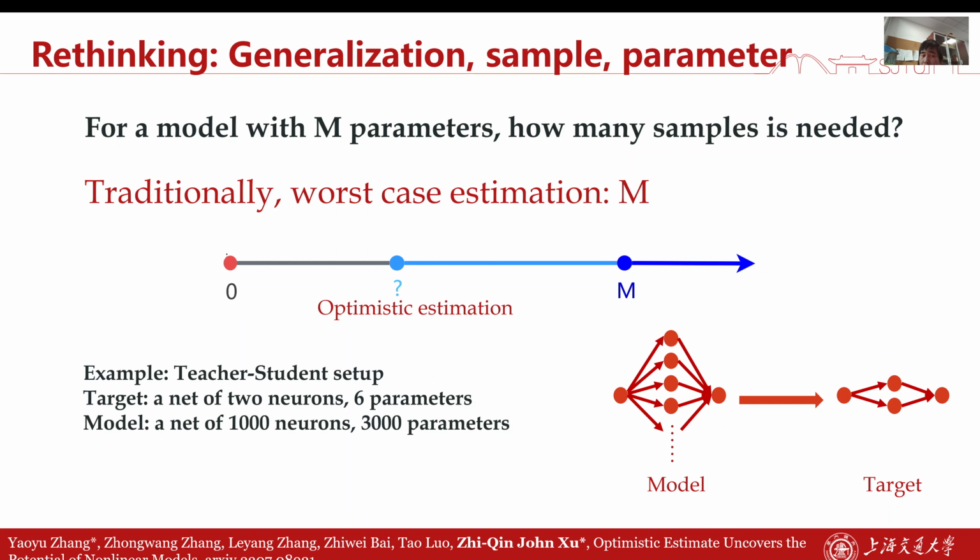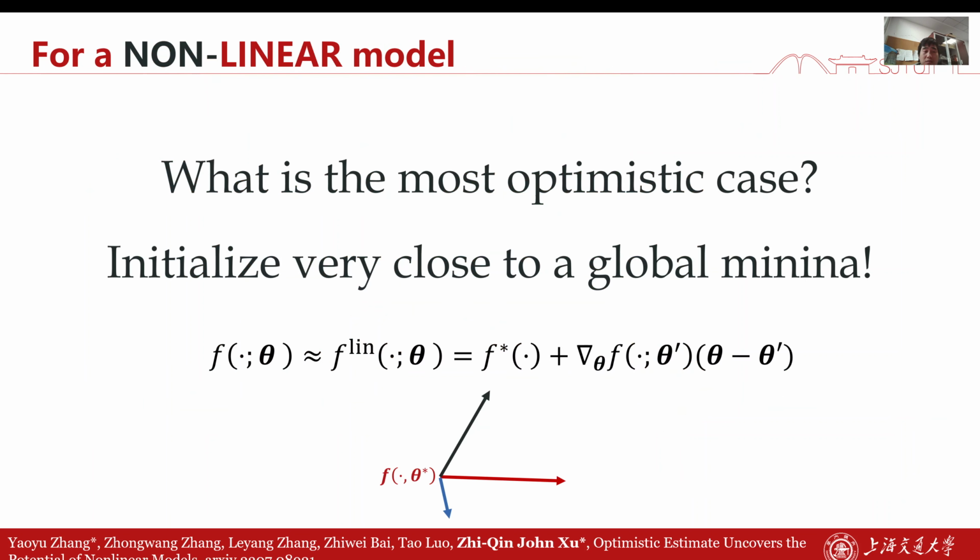It seems we only need to recover these 6 effective parameters. That's enough. So 6 here is the optimistic estimation. But for a general nonlinear model, how can we get this optimistic case?